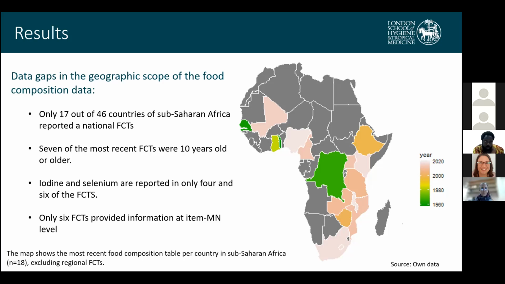From those, 7 of the most recent food composition tables were 10 years old or older. Of those food composition tables, only 4 reported iodine and 6 reported selenium. And from those, only 6 reported information related to where the actual food composition data was coming from.